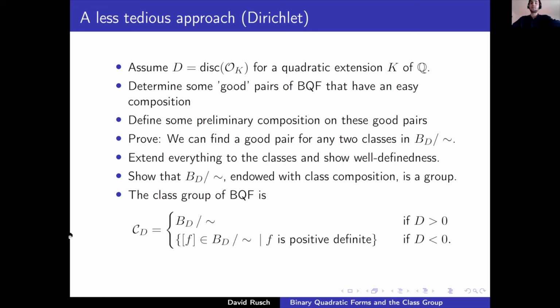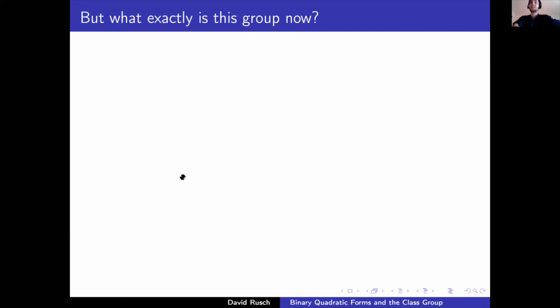Okay, and so I explained how to derive this group, but it's not at all clear what this group is now. I just said, yeah, we do some composition and then we do this and that, but what this group looks like is still a mystery. So I quickly want to tell you how the composition law actually works.